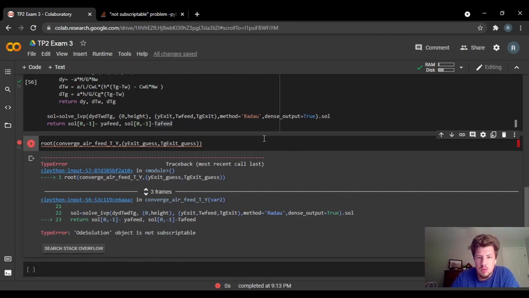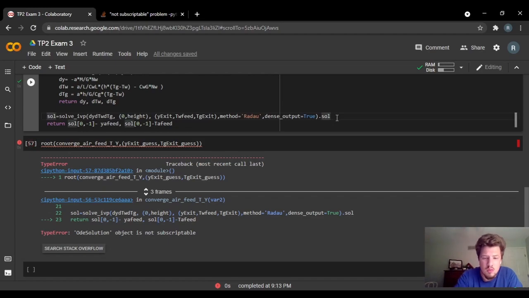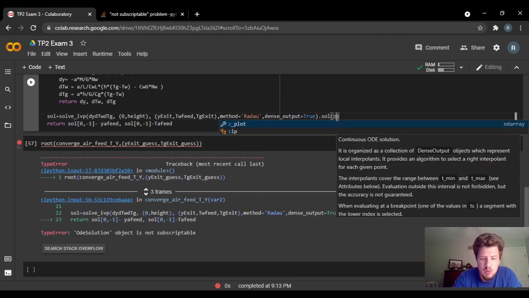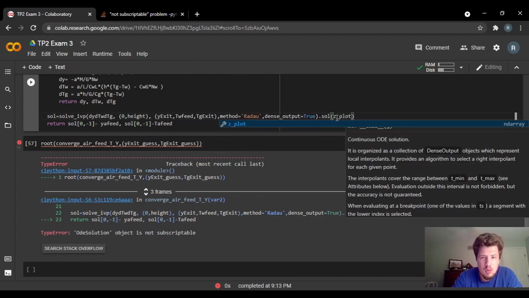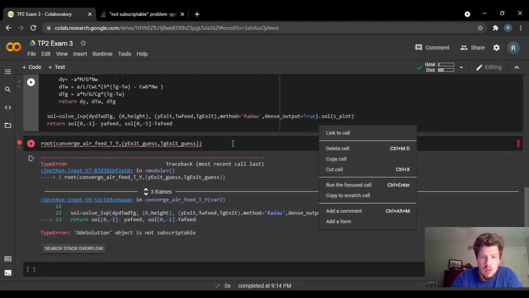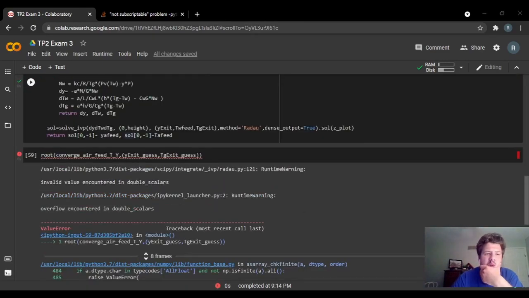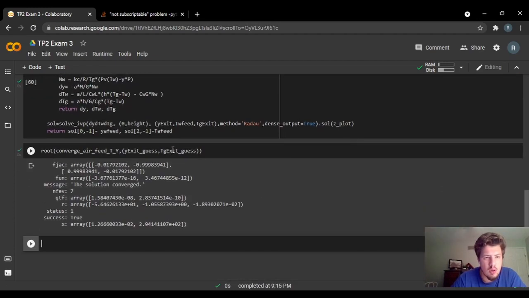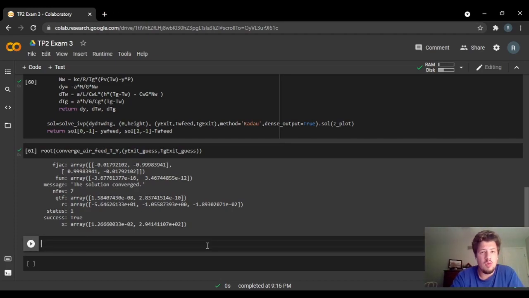So this is my problem. I didn't give it the values. Looks like I pulled the wrong solution. There we go. All right, so now we can actually start graphing this. These values look correct.